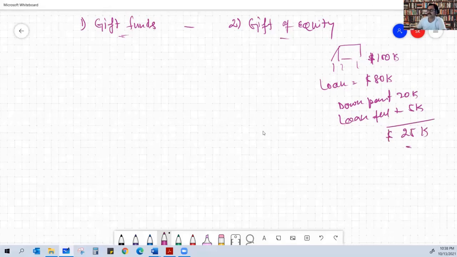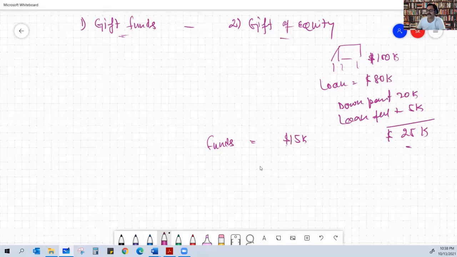Let's assume that I have only 5,000 in my checking account, or funds are only available 5,000. I still need to arrange 20,000.